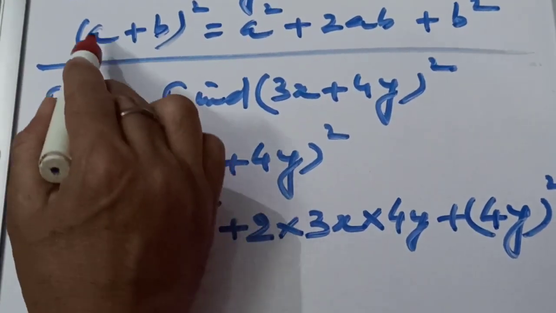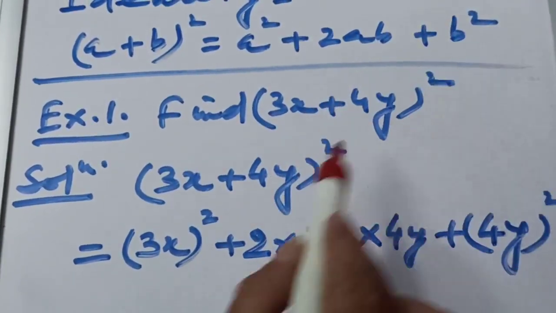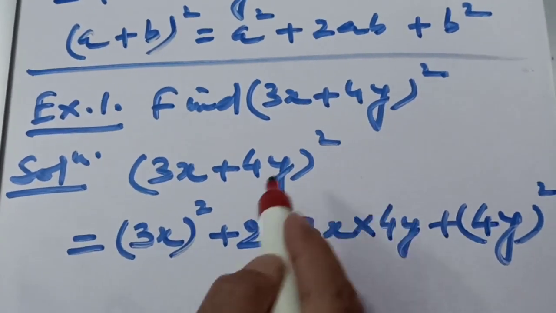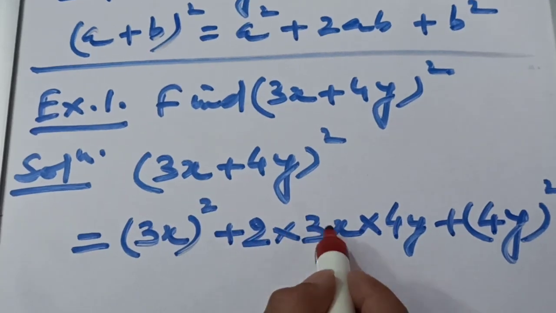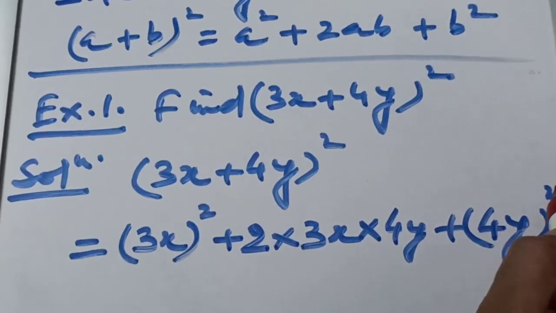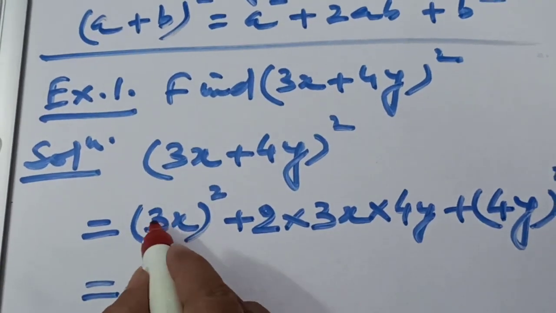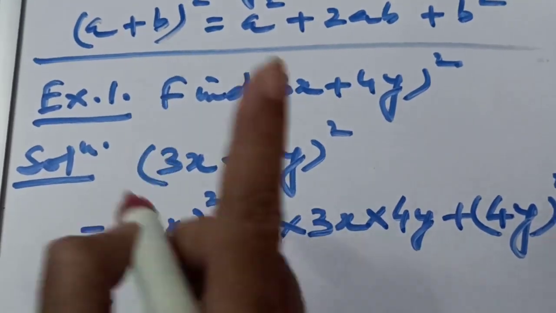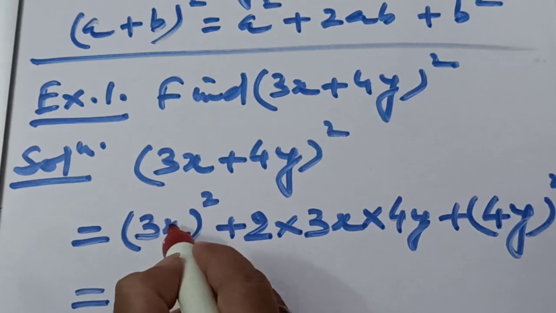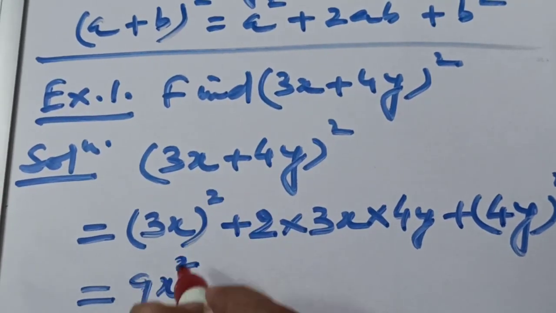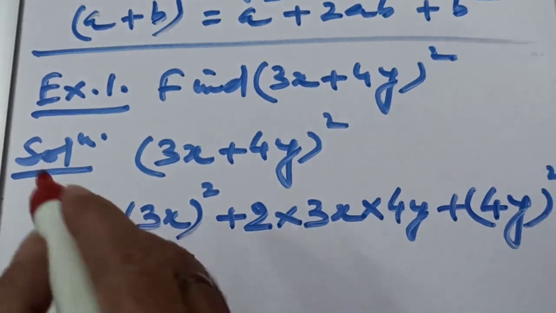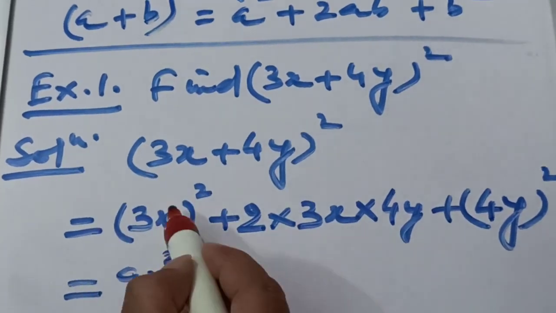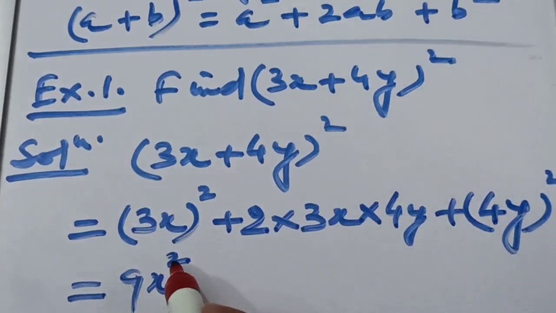Again understand it: (a plus b) whole square is a square plus 2ab plus b square. So 3 into 3 is 9, and since x is a variable, we write x square.